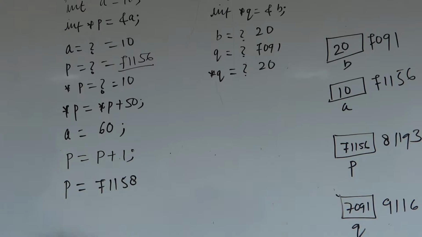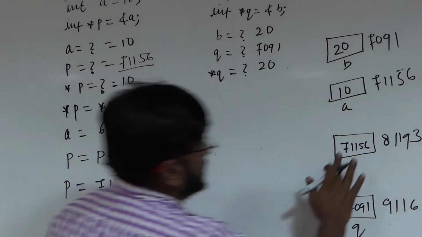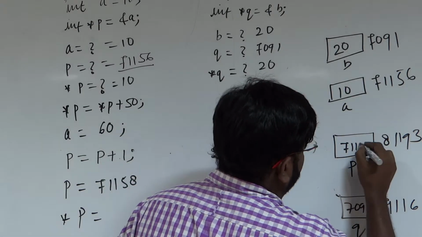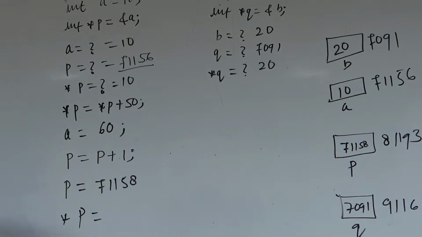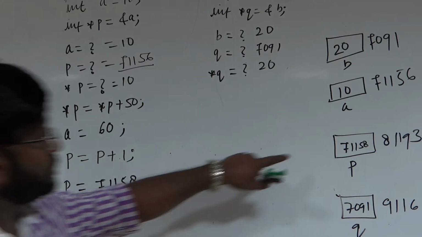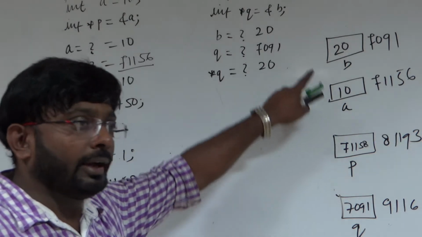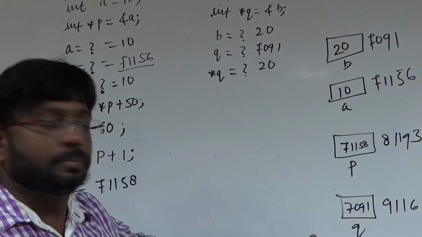Now if I want to print star p, what is p having? 71158. And this is not an address which we are using in our program.